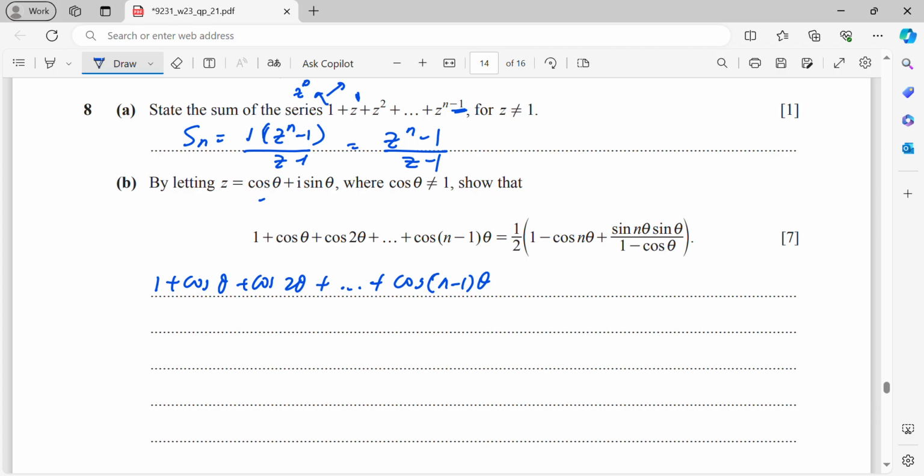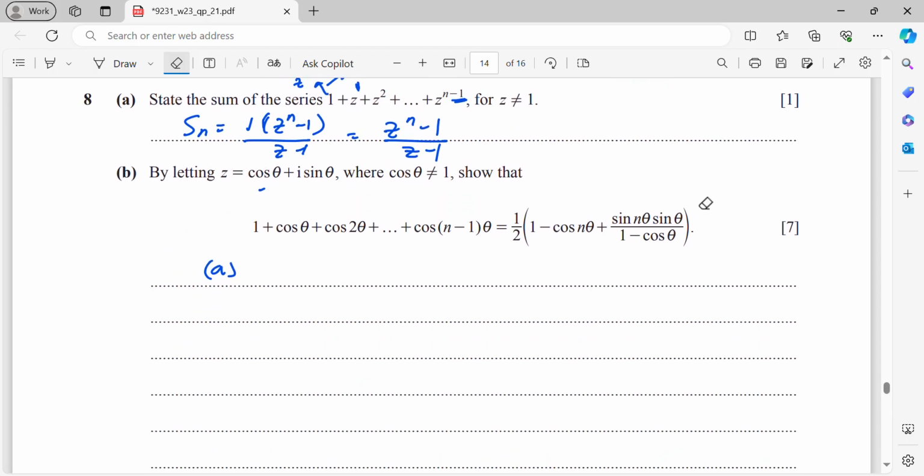So now I will write from the first part, okay, from A: 1 plus Z plus Z squared until Z degree n minus 1 equals to Z degree n minus 1 over Z minus 1.